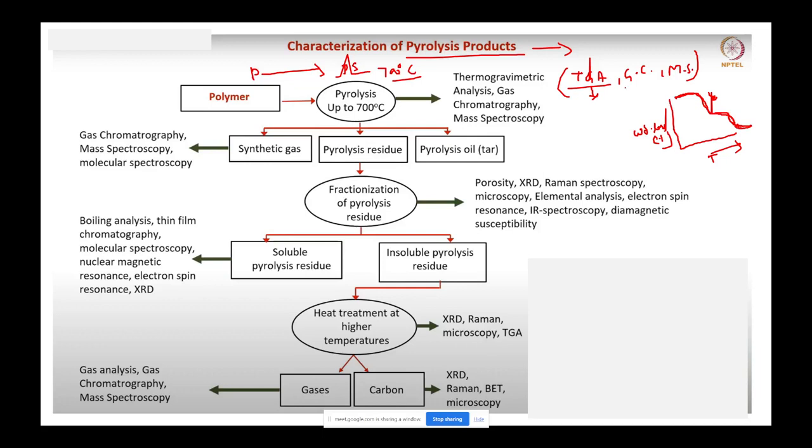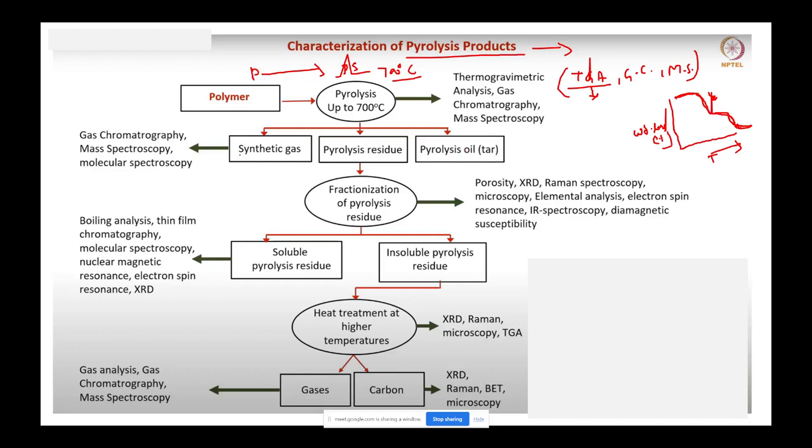This is gas chromatography. It tells what gases are obtained as byproducts from your material. Mass spectroscopy, I do not know very specifically because I have never done MS. And in pyrolysis, suppose you are getting synthetic gas, pyrolysis residue, pyrolysis oil, tar.